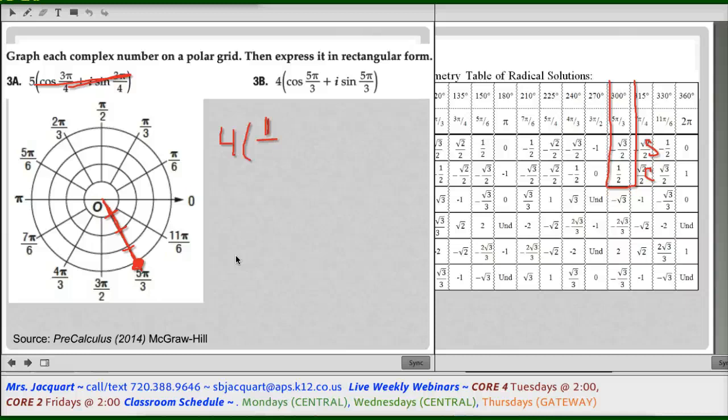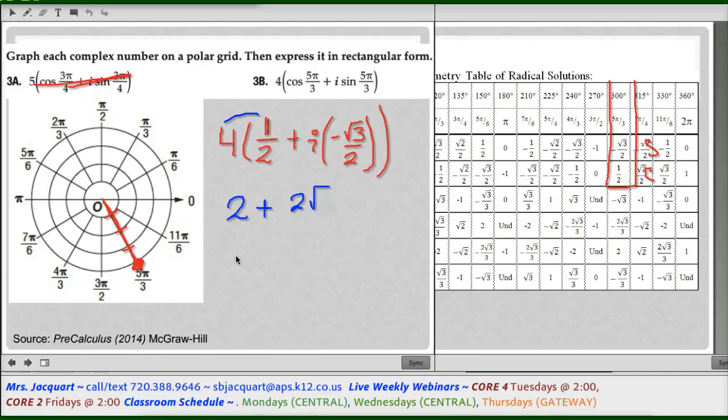Can you guys see stuff just disappears? Plus i, and the sine of 5 pi thirds is negative square root 3 over 2. So we're just going to distribute. So this becomes 2 plus 2 square root 3.